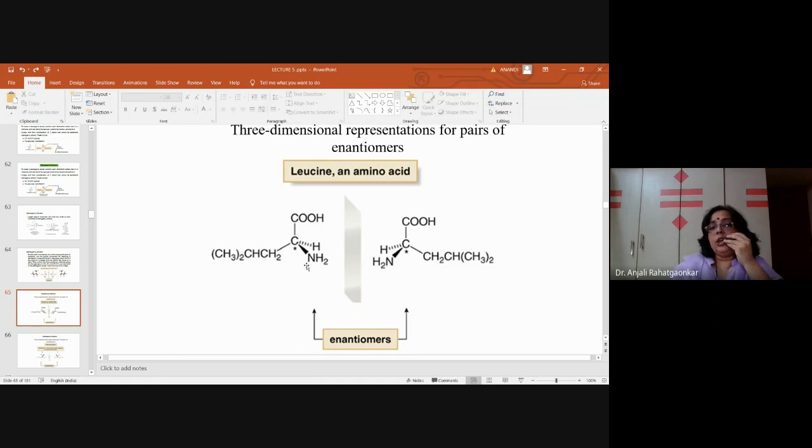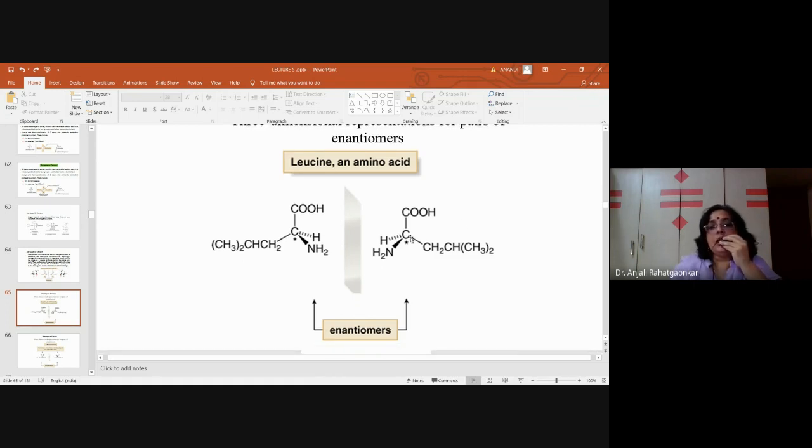Now, if there is a question with two mirror images, and the question is to correlate these two structures with each other, how can you correlate them? You just find out whether the structures are superimposable or not.